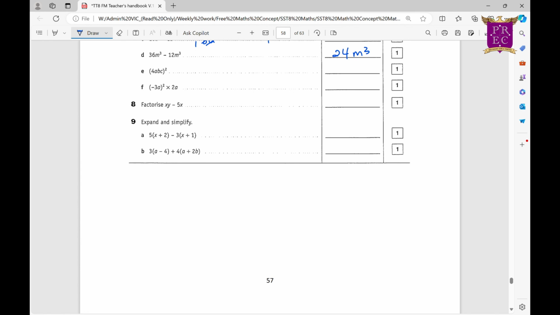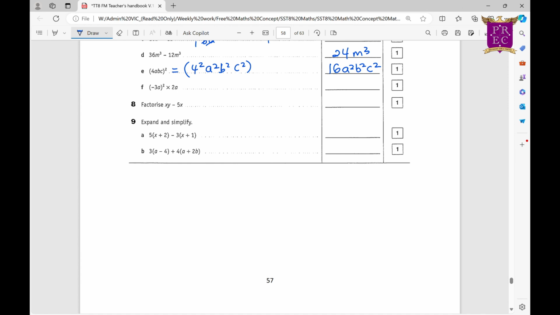Whenever you have something in a bracket and then you have a power that is outside the bracket, it applies to all the individual terms in the bracket. So essentially what this is asking you to do is write it out like this. All of them get squared. And so that can be simplified to 4 squared is 16, a squared, b squared, c squared.